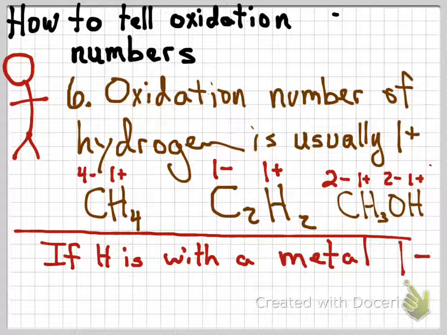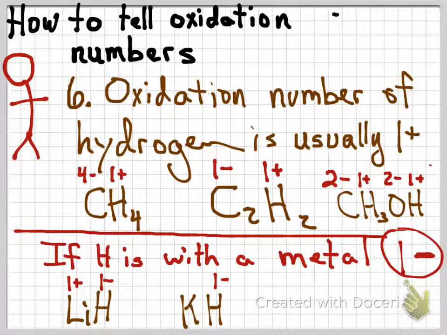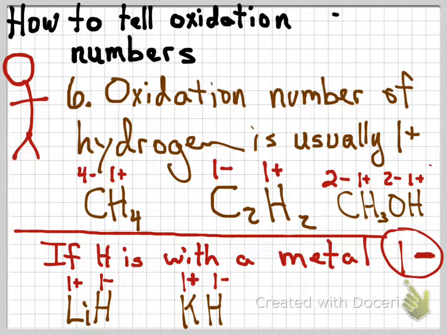But the thing you have to look out for is if hydrogen is with a metal, such as lithium hydride or potassium hydride in this case, the oxidation state of hydrogen will be -1 if it is combined with a metal.